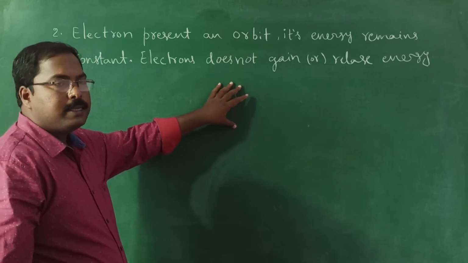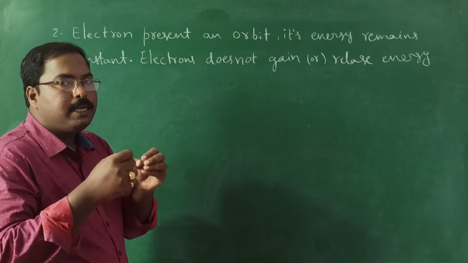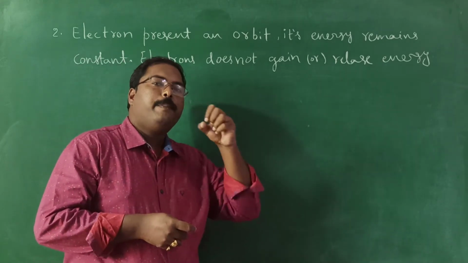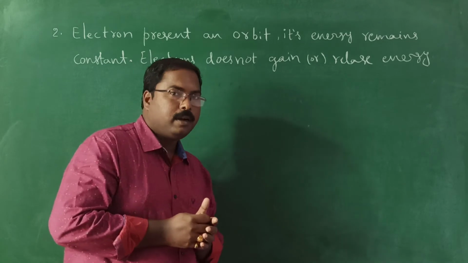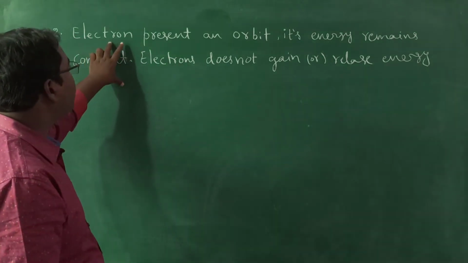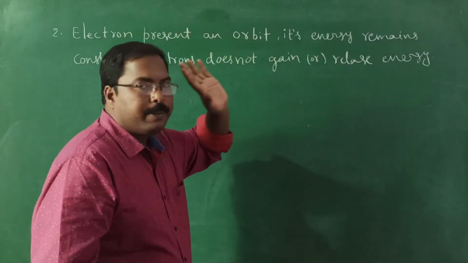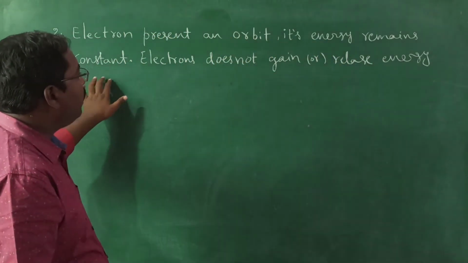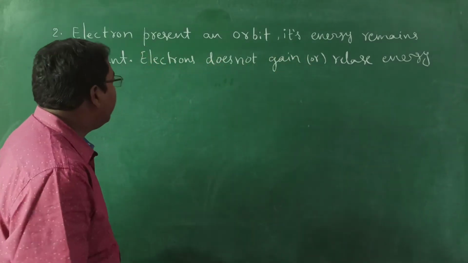The energy of the electron in a particular orbit is quantized, a fixed value. We will discuss how to calculate everything. Remember this point: electron present in an orbit, its energy remains constant because the electron does not gain or release energy in the orbit.